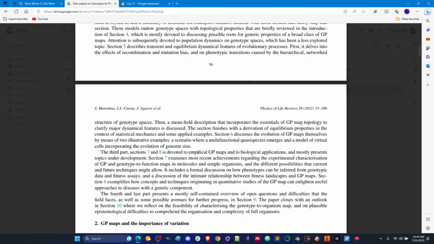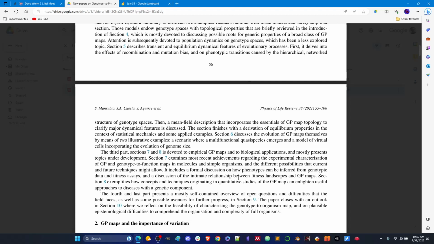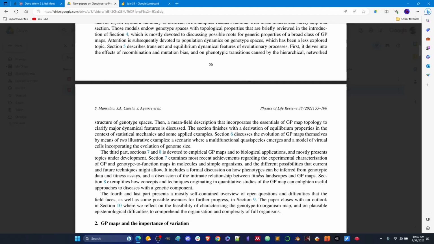And then in 7 and 8, they talk about empirical GP maps. So this is where you have real biological systems and what those look like. This includes a formal discussion on how phenotypes can be inferred from genotypic data and fitness assays, and a discussion of the intimate relationship between fitness landscapes and GP maps. So this paper covers a lot of ground.